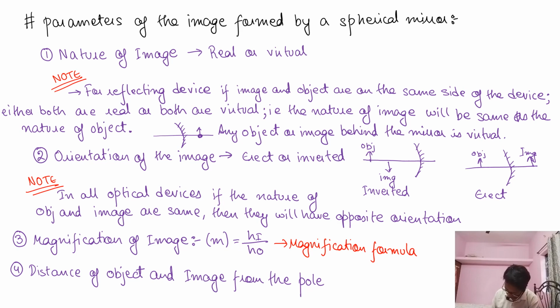And the distance of object and image from the pole is given by the mirror formula. The distance of object and image of a spherical mirror, either concave or convex, is given by the mirror formula.